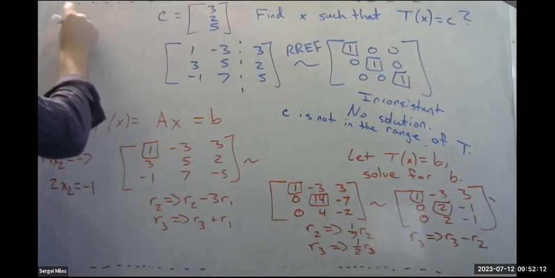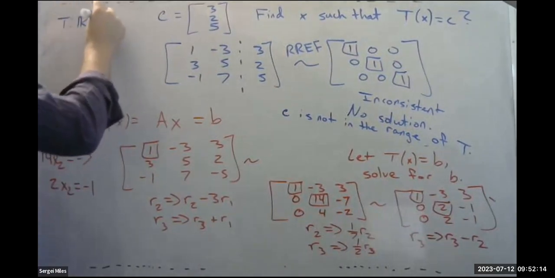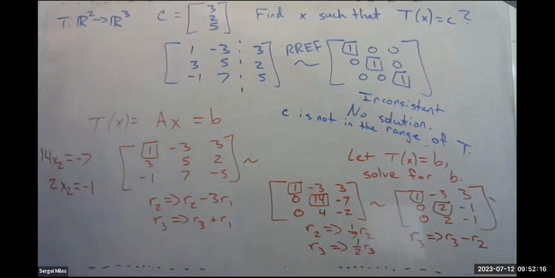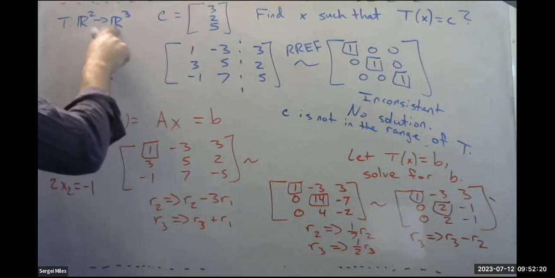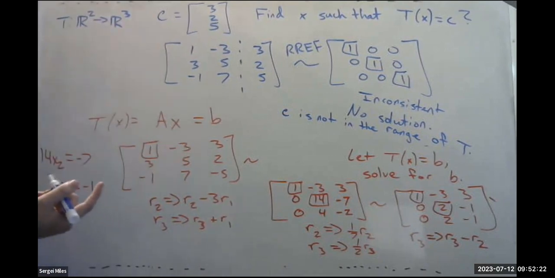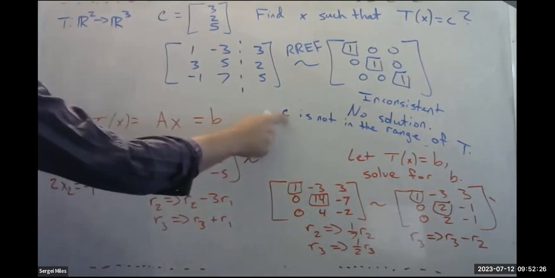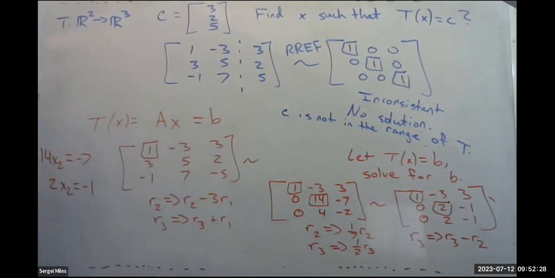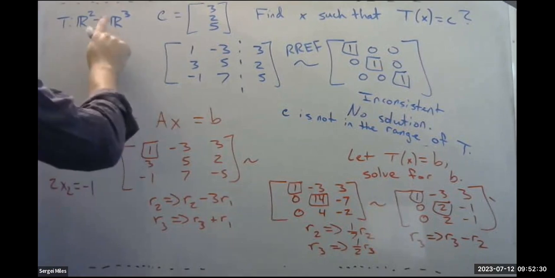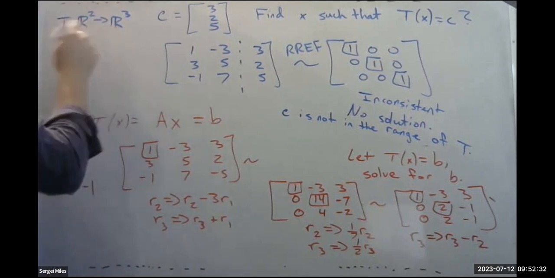T is a transformation from R2 into R3, right? But we found a c such that T has no vector x which can map to that vector c here, right? In other words, the range is not all of R3.